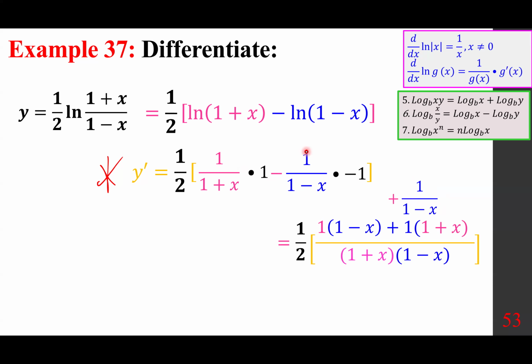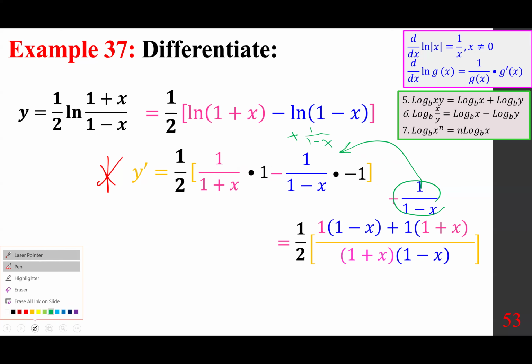Let me put that at top here so you see what I mean. In other words, 1 over 1 minus x with a plus sign. What I wanted to emphasize is that this negative and this negative result in positive. So plus 1 times 1 plus x. That's what I meant to do.